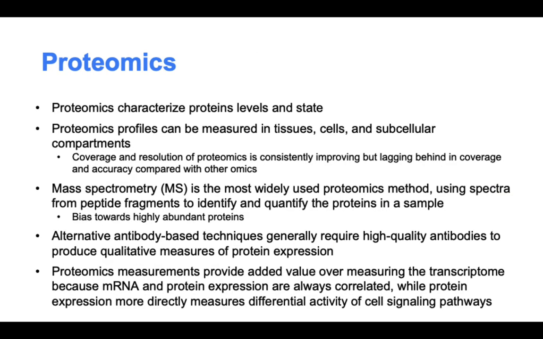Okay, so that's transcriptomics, and then after transcription, the RNAs are translated into proteins, and proteomics is really where we're now studying the functional activity of these proteins that are driving cellular processes. So proteomics is going to characterize not just the levels of proteins, but also their state in that system.